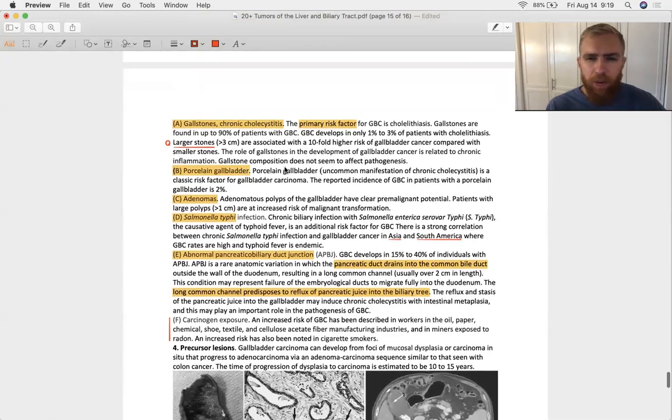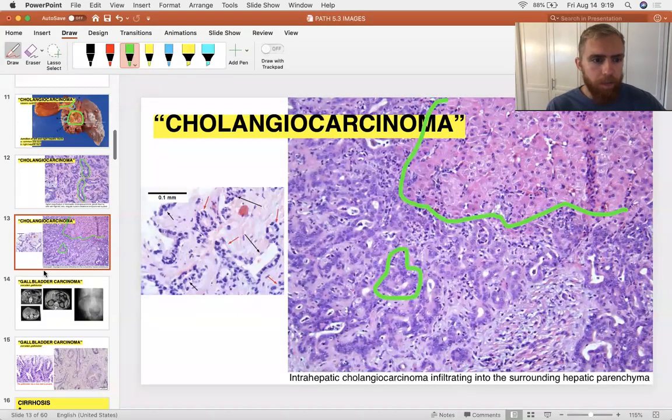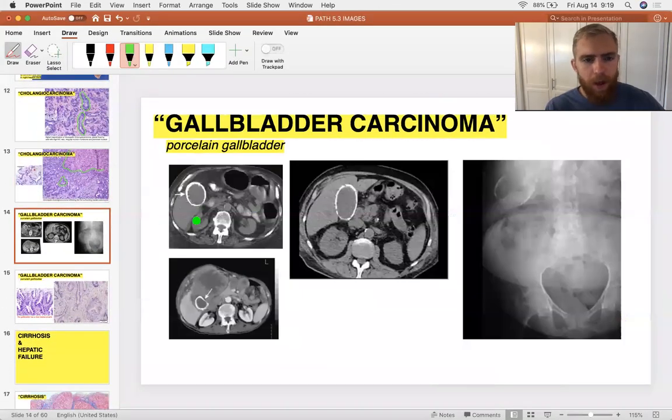Porcelain gallbladder is also a risk factor. And that's an easy thing to spot on an X-ray or CT. You can tell that's exactly where the gallbladder should be, and it's just encrusted in calcium, basically. There's an X-ray of it. So you see this, you're thinking gallbladder cancer.